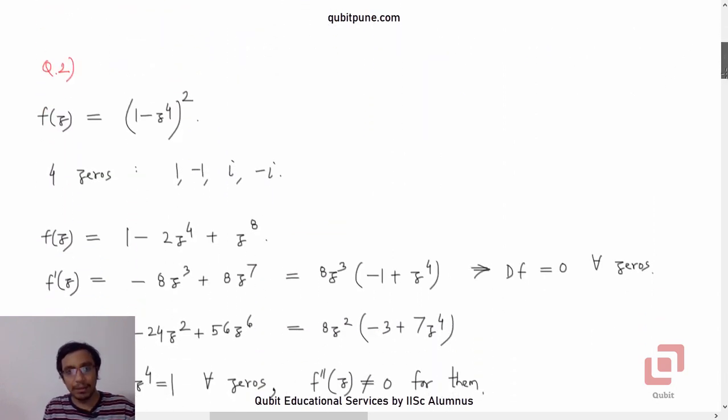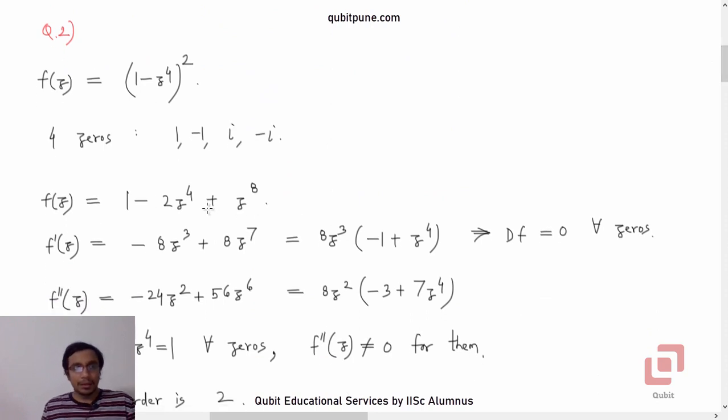Let us see one more example. This function is (1 minus z to the power 4) whole squared. Clearly this function has 4 zeros, positive and negative 1 and positive and negative i. You have solved these questions using de Moivre's theorem in your complex numbers chapter. Now to find the order of these zeros, let us expand the function using (a minus b) whole squared.